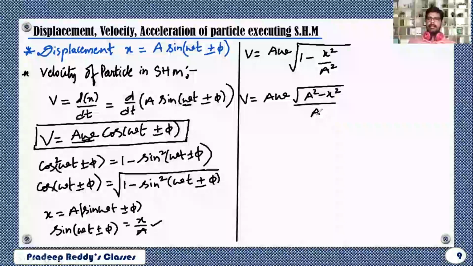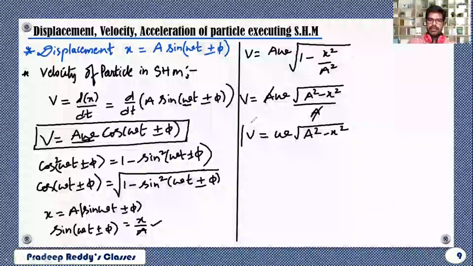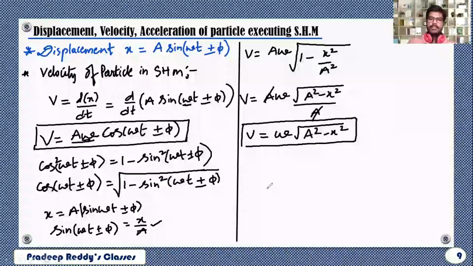A, I'm taking out from the root. This a and a get cancelled. So v is equal to omega into under root a square minus x square. This is the equation for velocity of the particle executing simple harmonic motion. So now let us discuss a few cases.